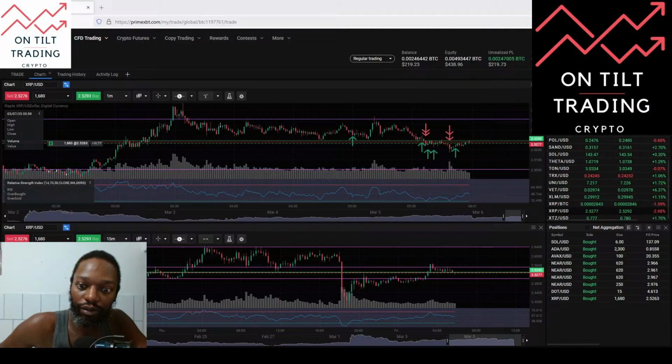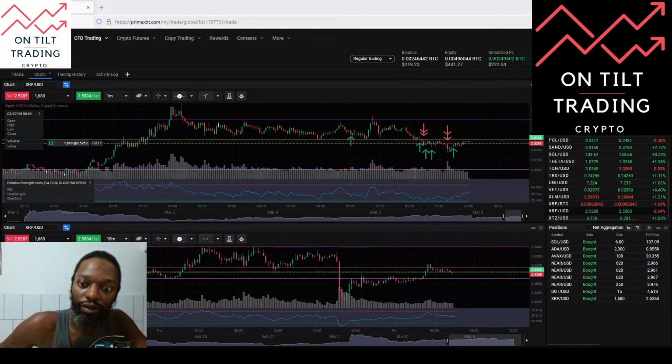So right now we're going for an S3 to R3 traverse for this trade, if all goes well.